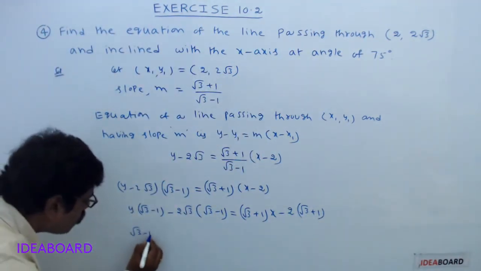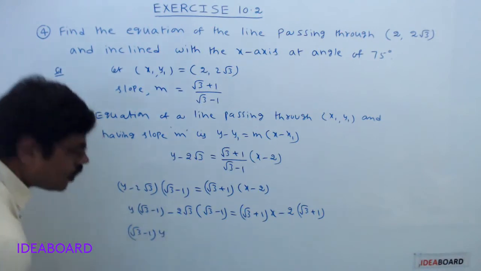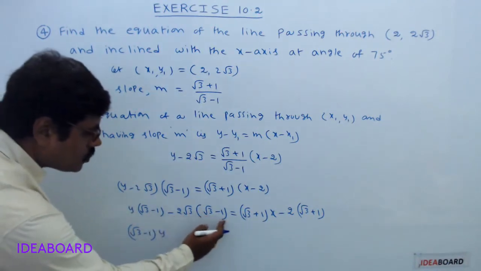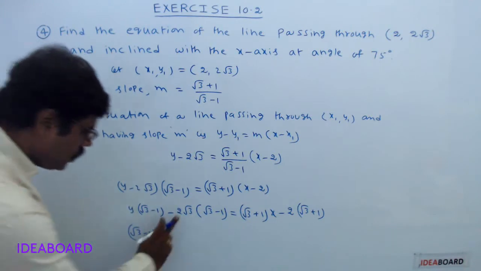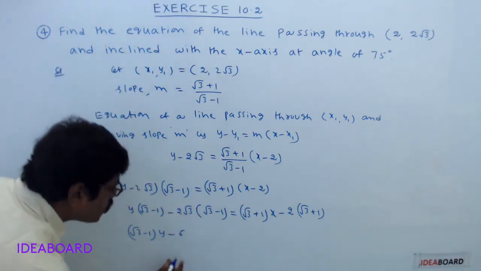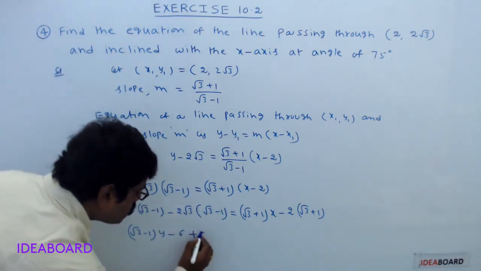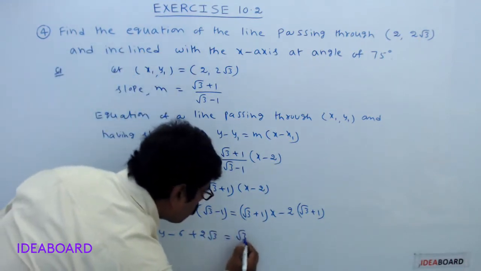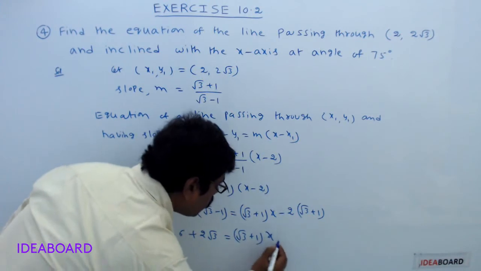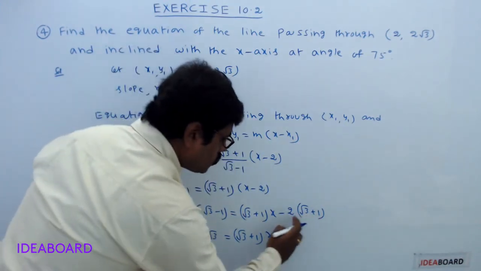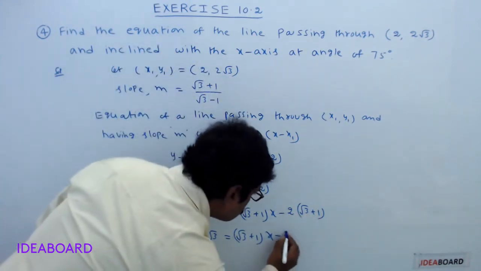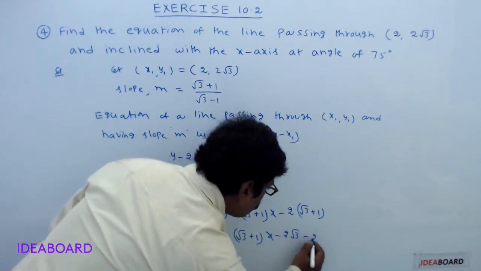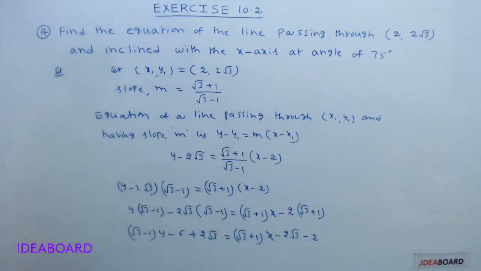Now this is (root 3 minus 1) into y. Now multiply these two terms with the minus 2 root 3. So this is minus 6, minus into minus plus 2 root 3, equals (root 3 plus 1) into x. Multiply these two terms with minus 2. This is minus 2 root 3 minus 2.